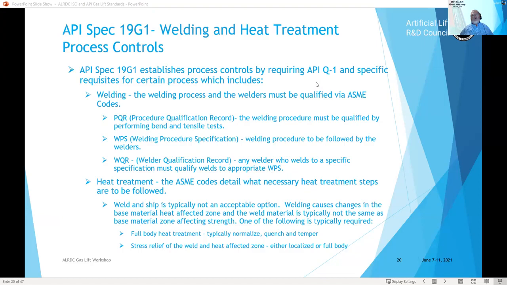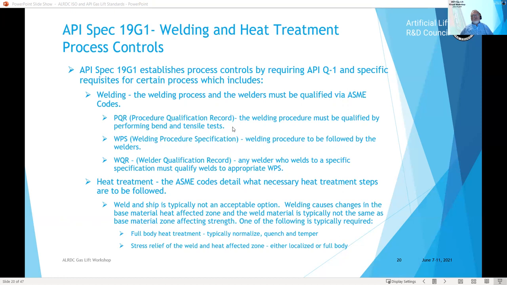19G1 requires the use of ASME code for development of the welding practices and control of the welders and the welding processes. What that does is drive the development of a PQR, which is a procedure qualification record. The welding procedure must be qualified by performing bend tests and tensile tests.